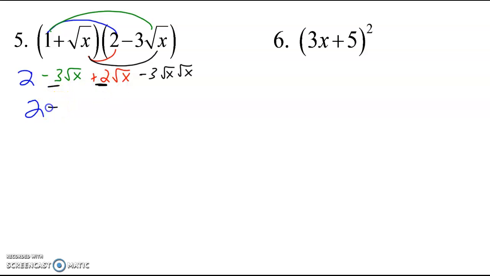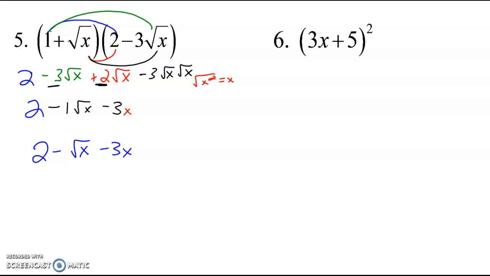Okay, so we can go negative 1 square root of x. And then this last one, minus 3 square root of x times square root of x, square root of x squared, which is just going to be x. Okay, so then we can simplify and get 2 minus the square root of x minus 3x.